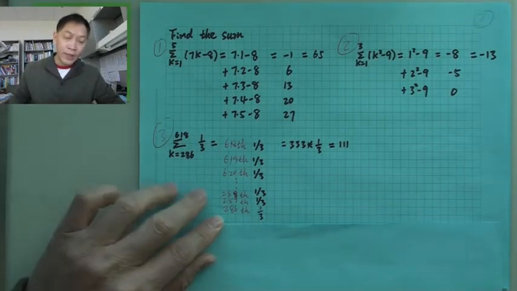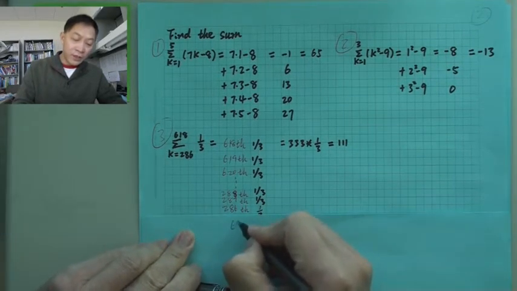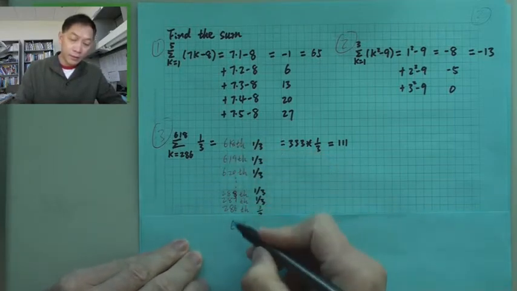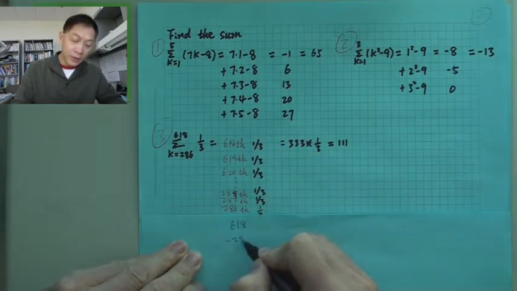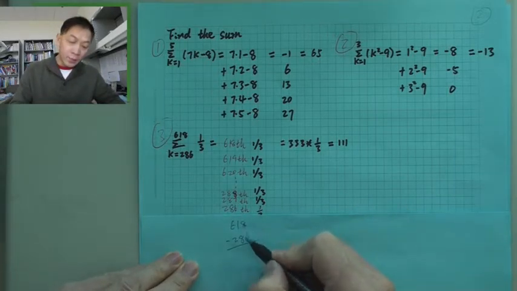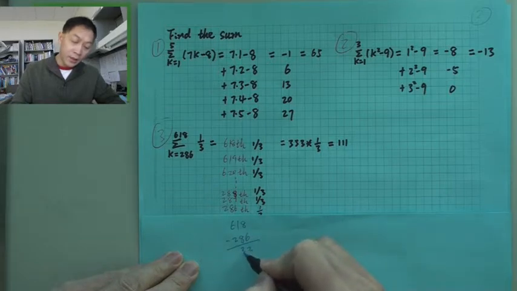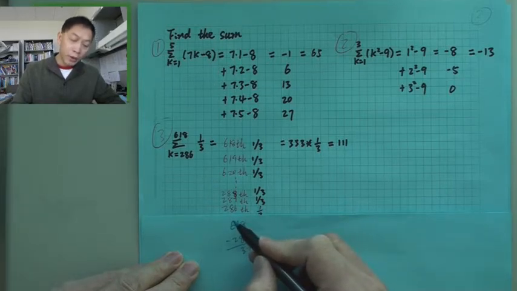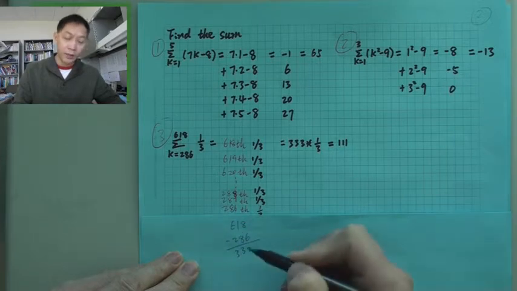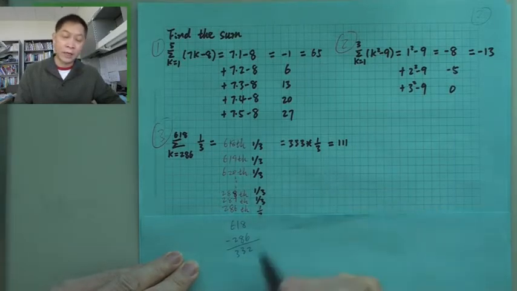So what do we get from here is 618, the last one, minus 286. What do we get? 8 minus 6 is 2, and then 1 minus 8 we borrow, and 5 minus 2 is 3. It's actually 332 plus 1, which is 333 terms.